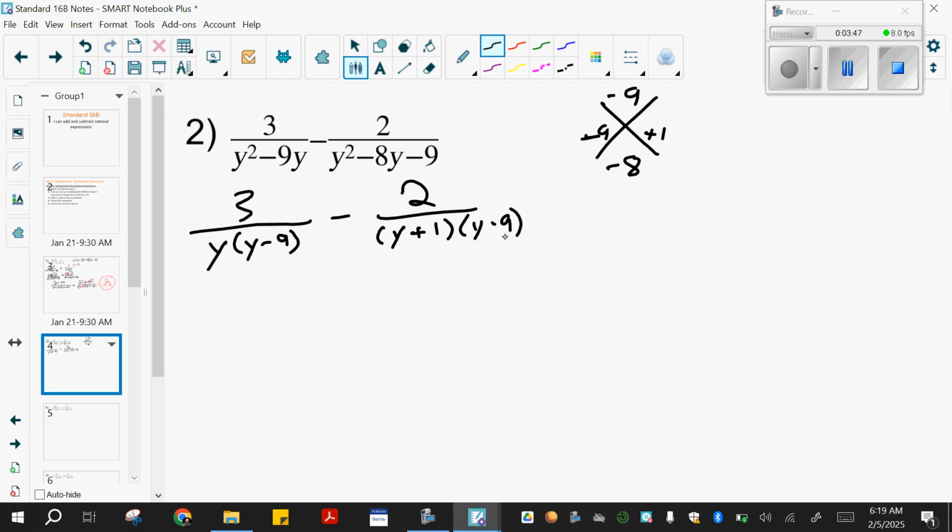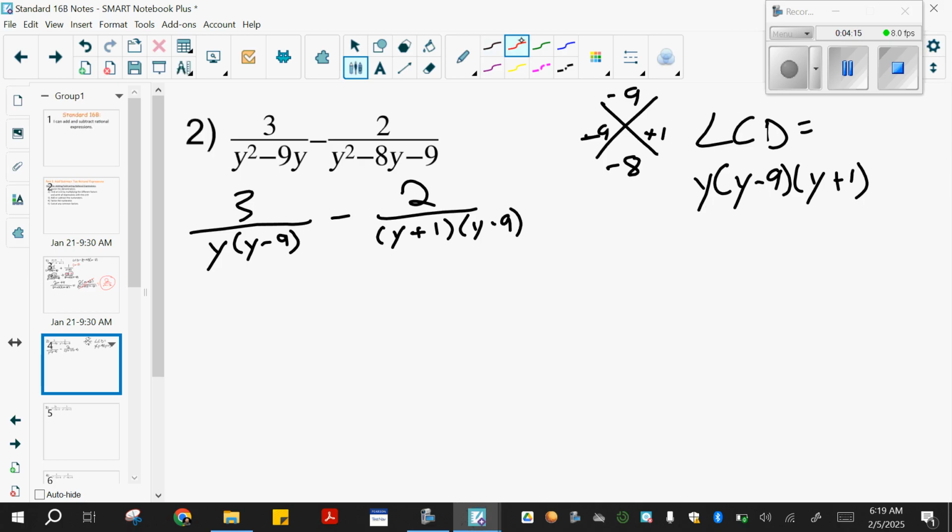So we have a lot of things to keep in mind here. If I come back here and do my LCD, I know that they both have y minus 9. The right also has a y plus 1, and the left has a y, so we need a combination of all of that. So on the left, I have the first two, but not the last one.